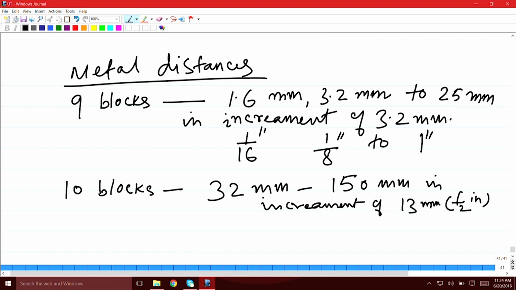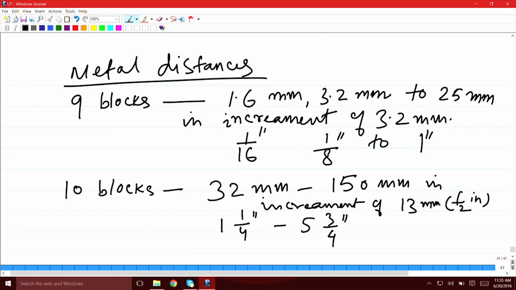So, in terms of inches, this is 1/4 inch to 5¾ inches with an increment of half an inch. Okay. So, this is how this set is. Using these different metal distances, you can have a broad range, as you could see, and keeping that hole size constant, you can calibrate the distance.